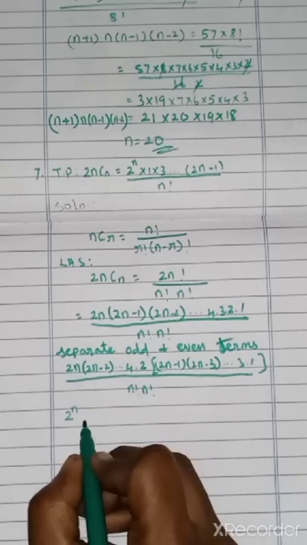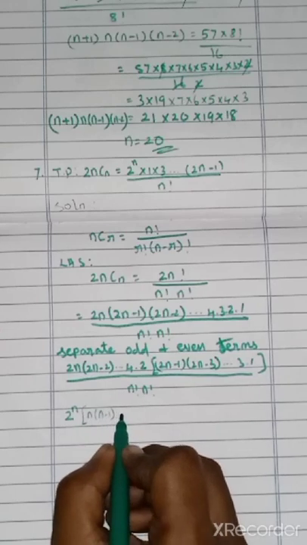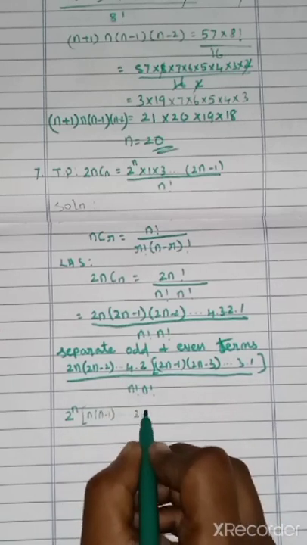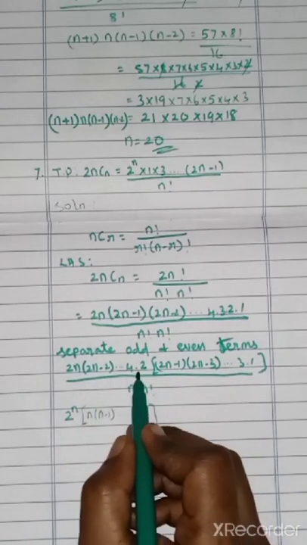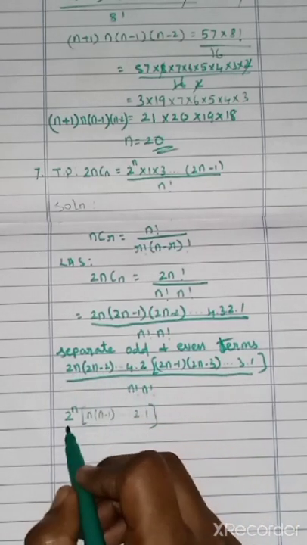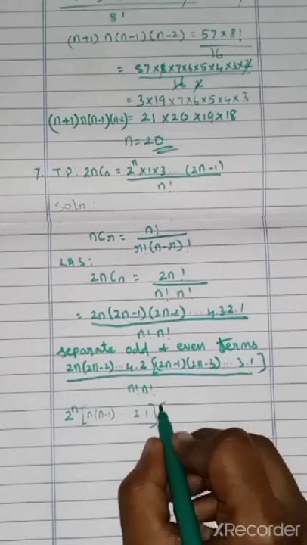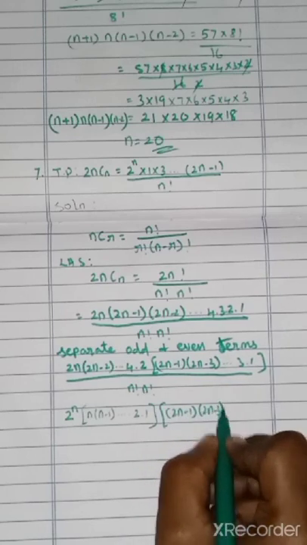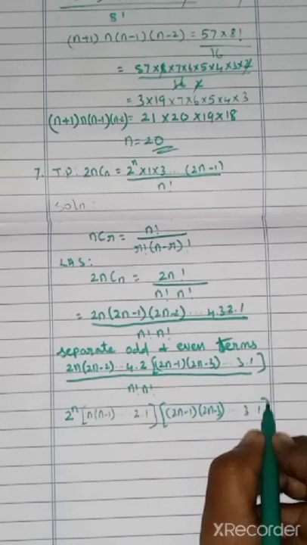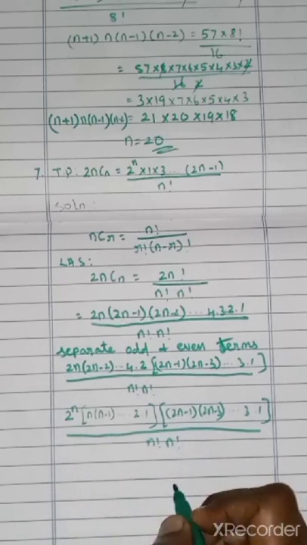So what will be remaining? n into n minus 1, n minus 2, etc., to 1. Correct? We are taking 2 outside, and n we are taking outside. That is why we are writing this as 2 power n, and this is as it is, 2n minus 1, 2n minus 3, etc., up to 3, 1, divided by n factorial, n factorial.